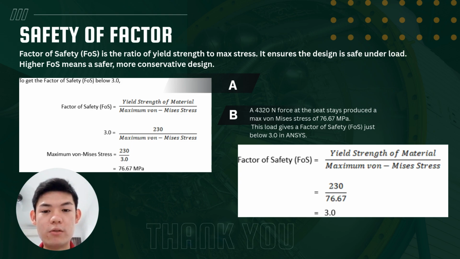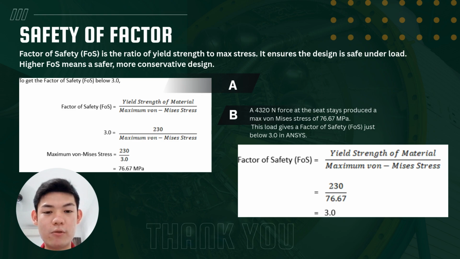To get the value below 3.0, we use the formula: maximum von Mises stress equals yield strength of material divided by factor of safety. To find our maximum von Mises stress, we use 230 divided by 3. Then we get 76.67 megapascal.